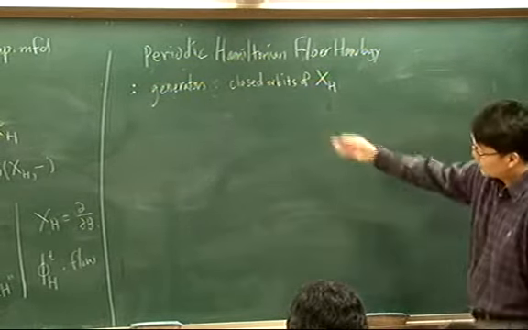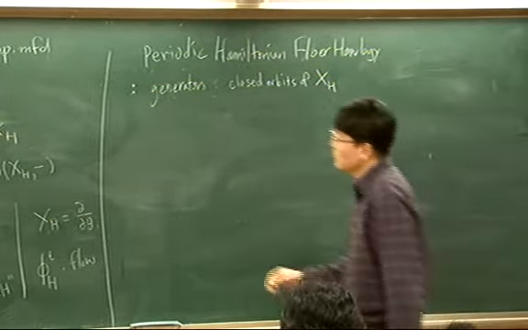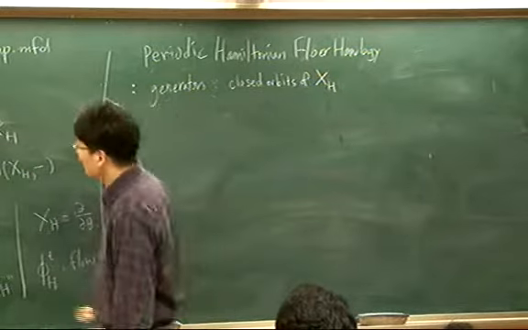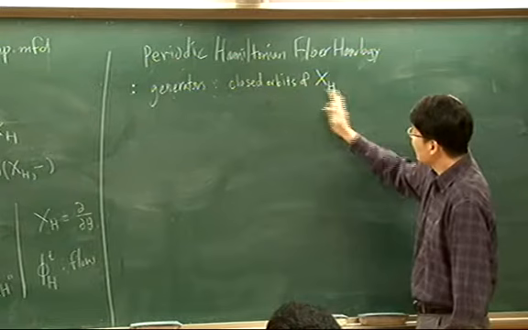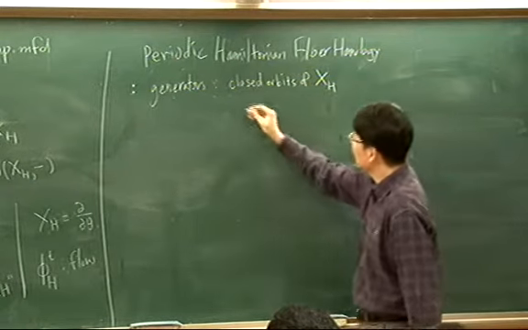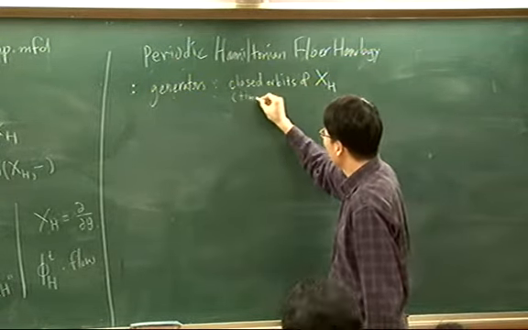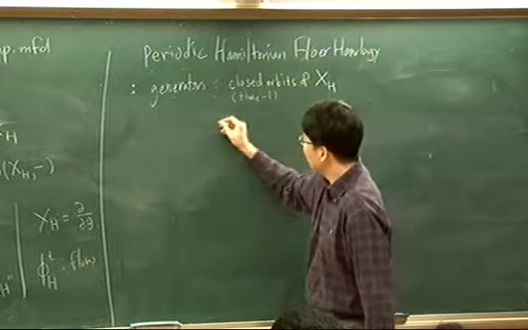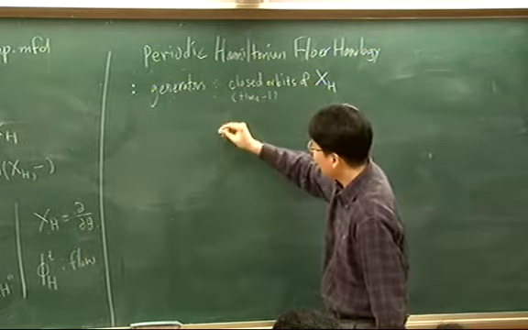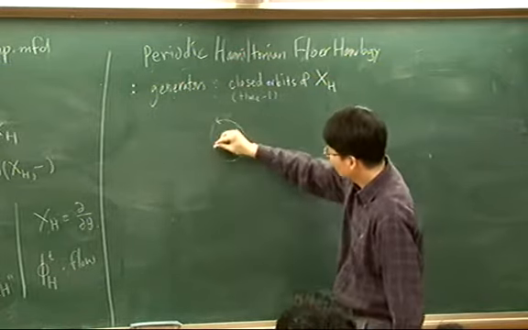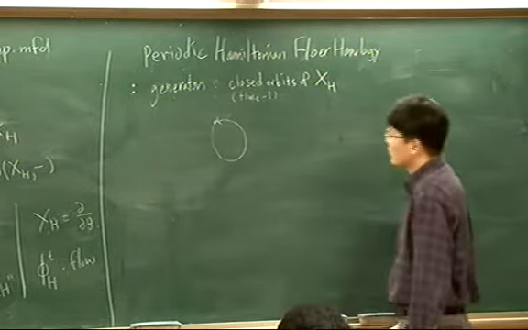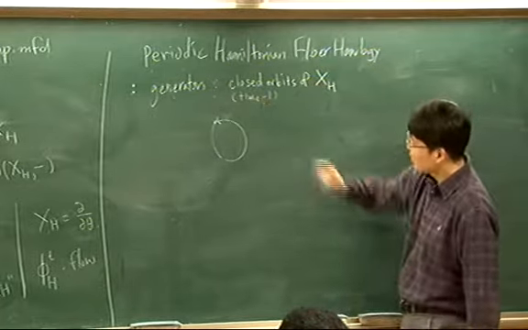So for some non-degenerate Hamiltonian function h, you consider closed orbits of X_h, of time 1. So you have a vector field, and after time 1, you want to come back to the original point. Such orbits are generators.